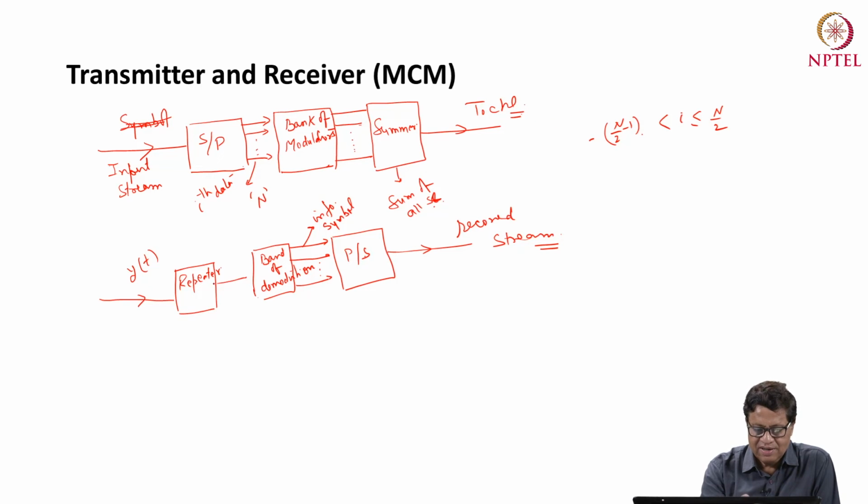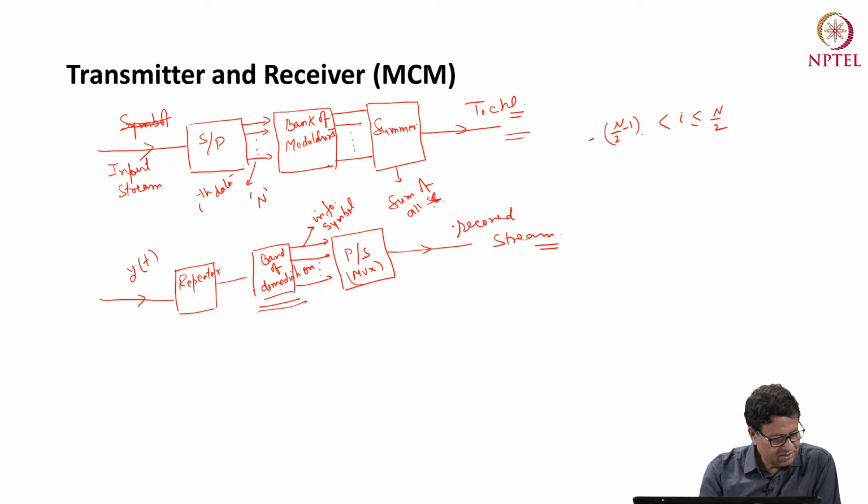And from the combined signal, we have seen in the earlier slide that by coherently demodulating you are able to recover the data. So this is a set of demodulators where you recover the data or information symbols, and then you combine them, parallel to serial or some sort of mux, to recover the original stream.